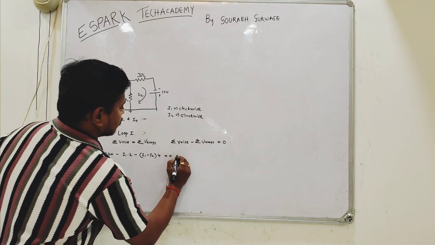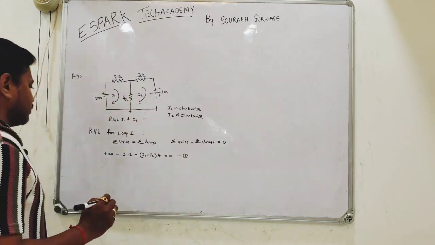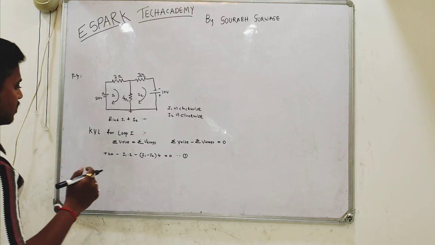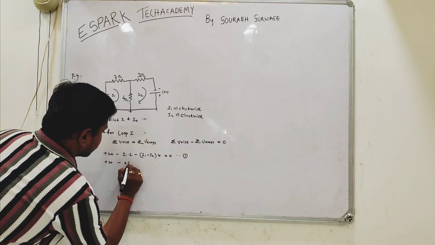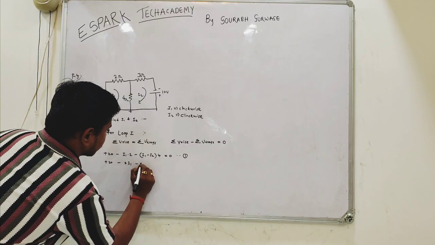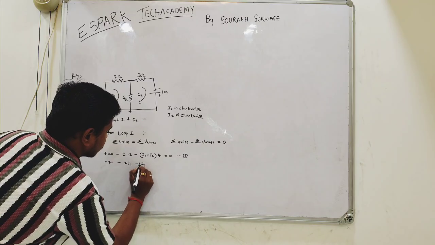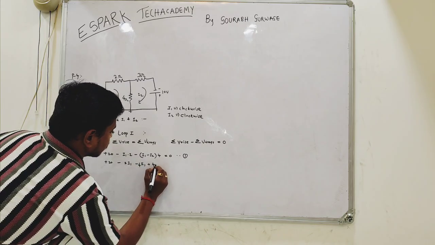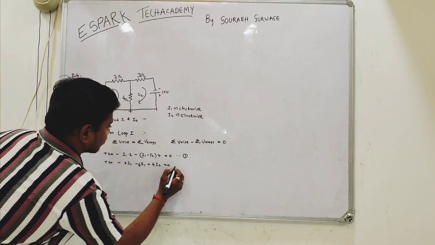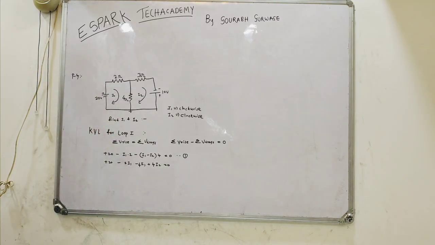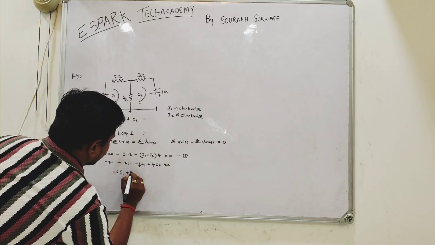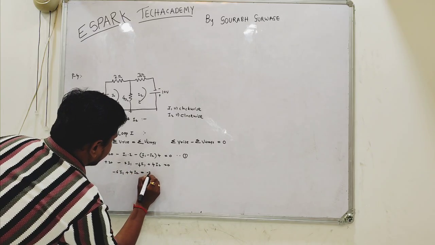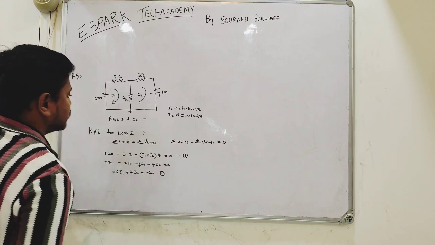This will be your equation 1. When you solve this, you will find minus 6 I1 plus 4 I2 equal to minus 20. This will be your equation 1.